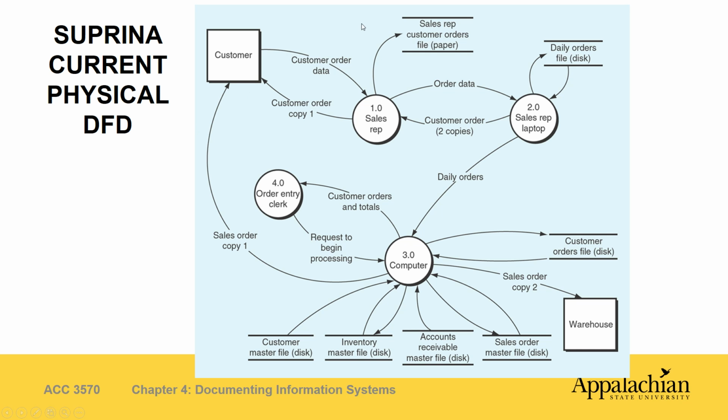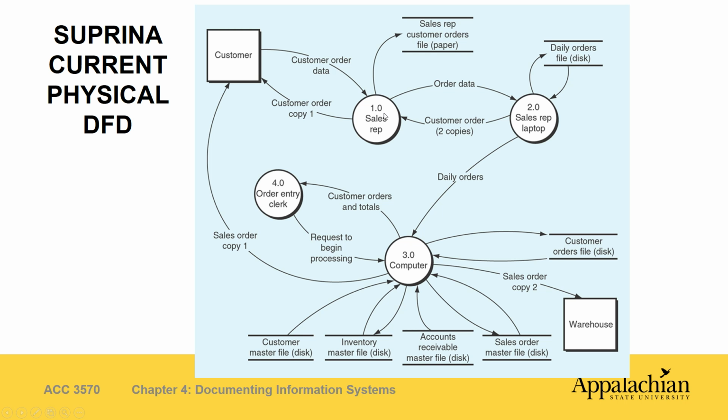And then what you can see is that you've got the internal entities, and after the internal entities are laid out, what you do is look at what those noun processes are, or what those physical flows are. So you start with customer order data, and then you've got the customer order copies being sent back to them.